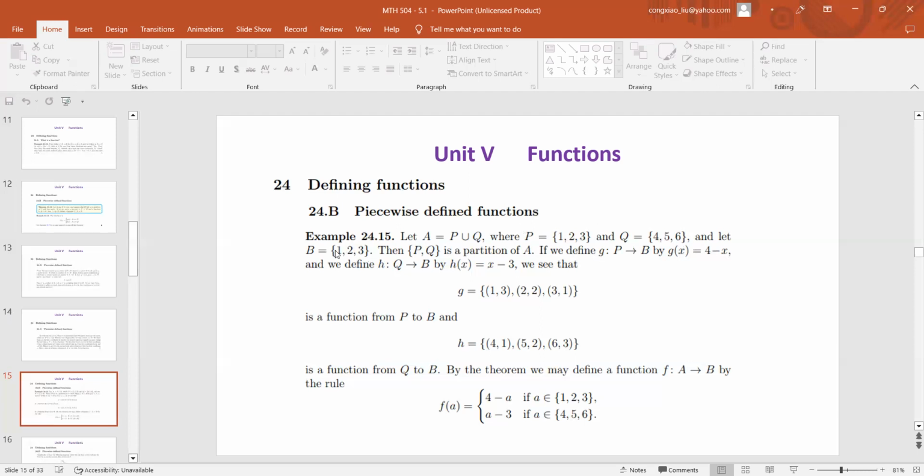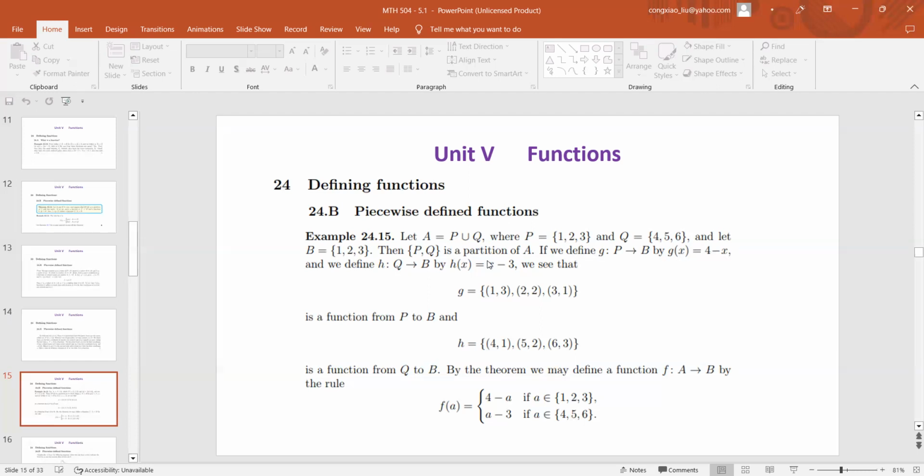And B is the set of three elements 1, 2, 3. That's the same as P, but we call it B to avoid confusion in function notation. Then PQ is a partition of A because it's the union of P and Q, and P and Q are disjoint.